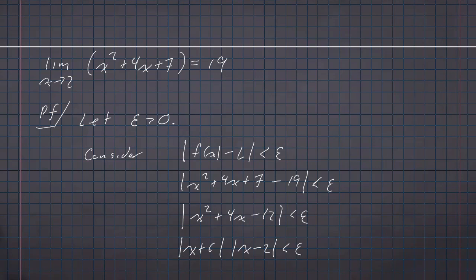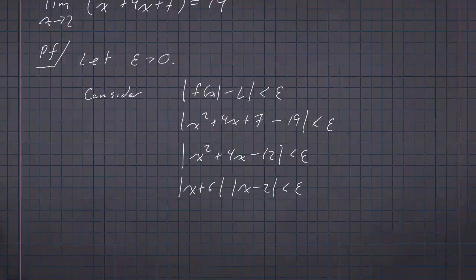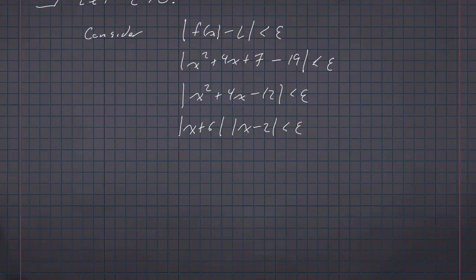So we're going to have to do a little bit more work. If we could get this absolute value of x minus 2 by itself, that would give us the value of delta. So our goal is to find some sort of a bound on the absolute value of x plus 6.